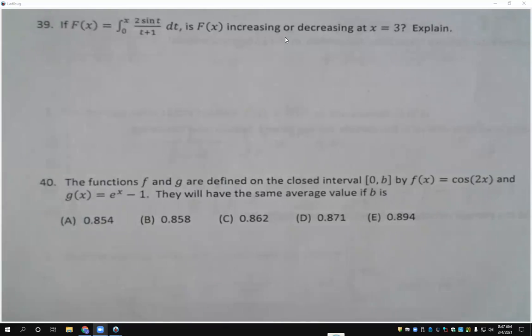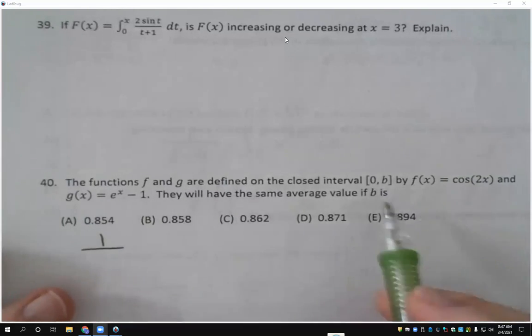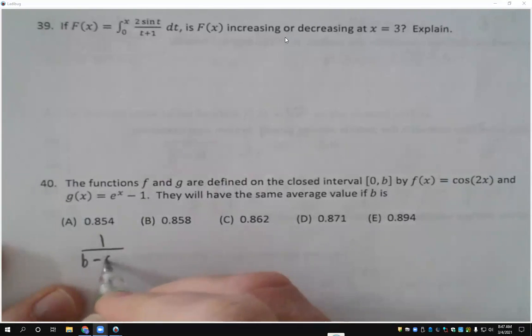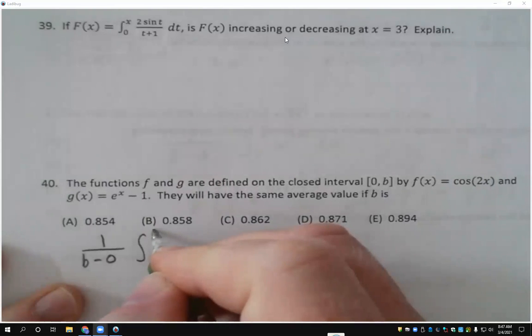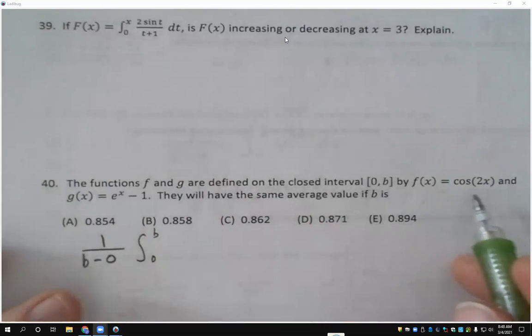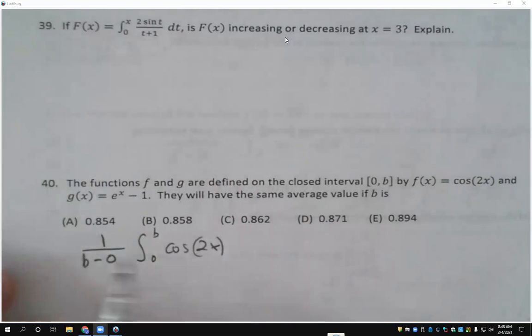Well, the formula for average value is 1 over b minus a, integral a to b, here with a equal to 0, of cosine 2x. And we want to know when they have the same average value.